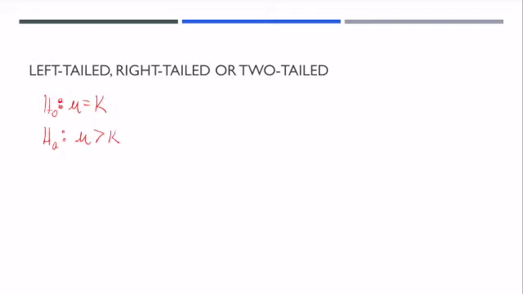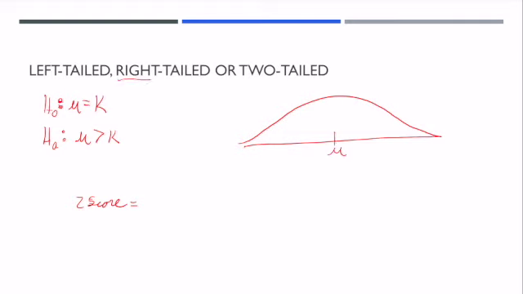And then I have to find my z-score for my sample. But now, instead of previously, where I had a left-tailed, this one's going to be right-tailed. And that leaves me with the area over here. So I want this area to be tiny.